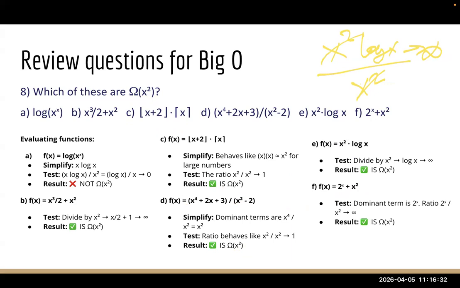So whenever the limit is any number except 0, it's going to satisfy our condition, and it's going to be omega of x squared. Similarly, for the last part, we have 2 to the power x plus x squared. We can see that 2 to the power x has a higher growth order in comparison to x squared, so this goes to infinity. Therefore, the result will be omega x squared.